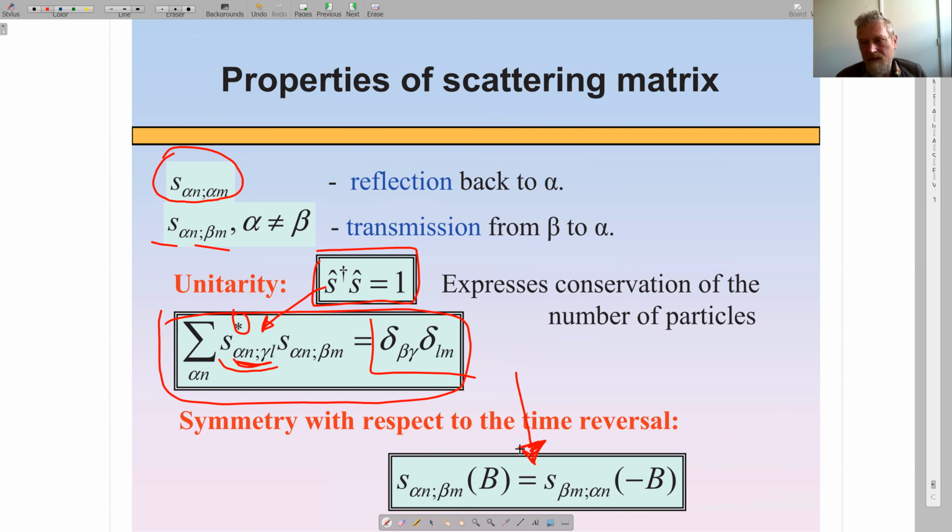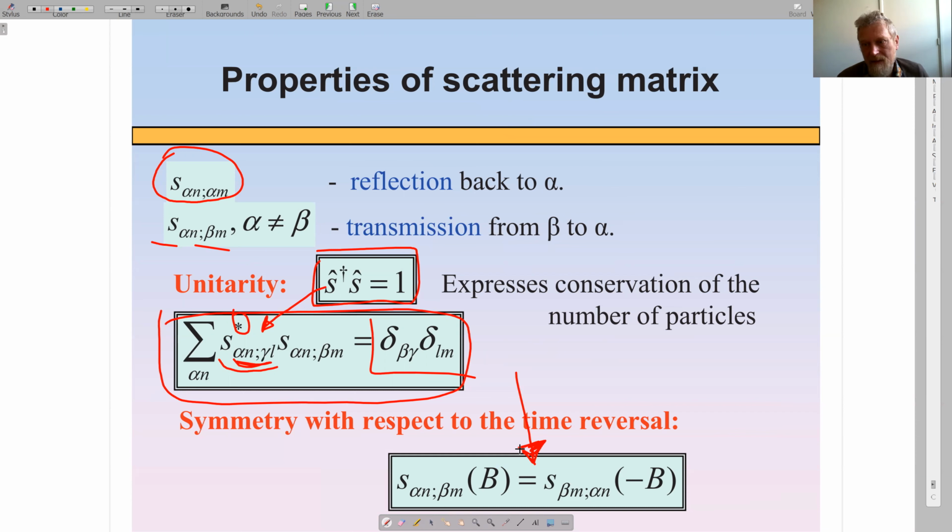So that's logical. Also, the magnetic field is reversed. Let us recall why. Because the magnetic field is readily available in the lab. Readily available means it is a tool to remove time reversibility in the structures, right?